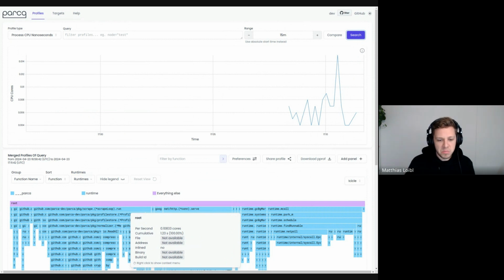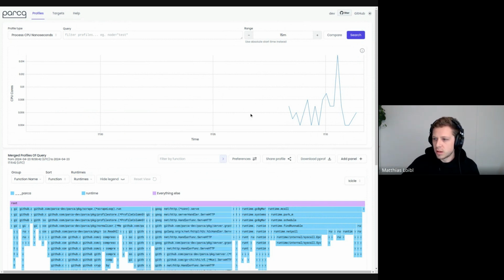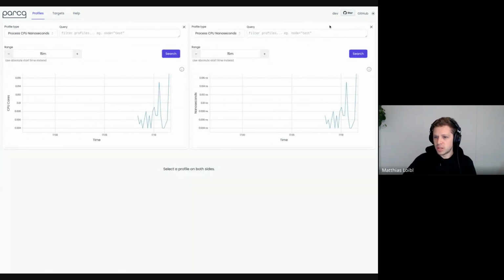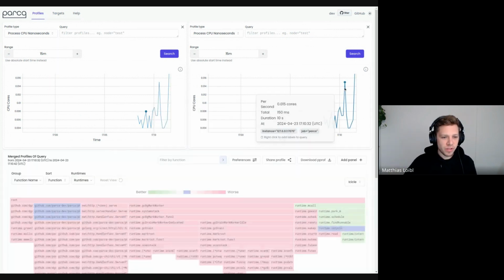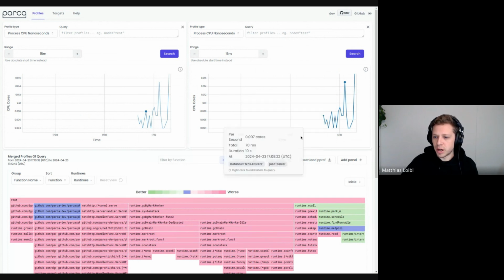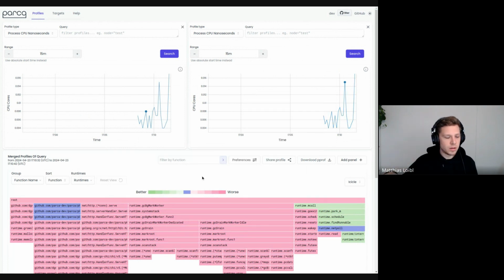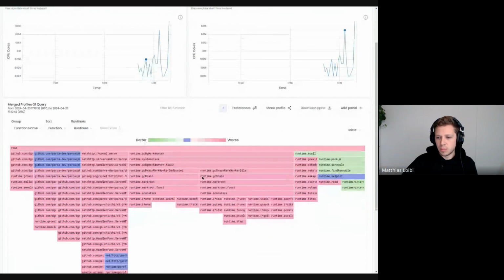And it's nice to have, but I think the most important aspect of all of this is being able to finally compare profiles with this normalized CPU cores per second value, right?